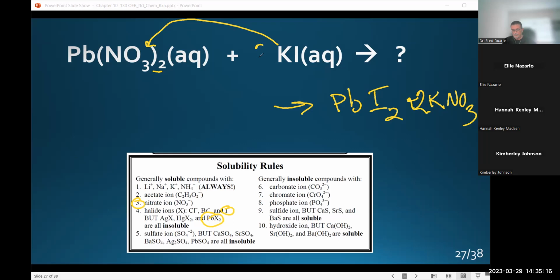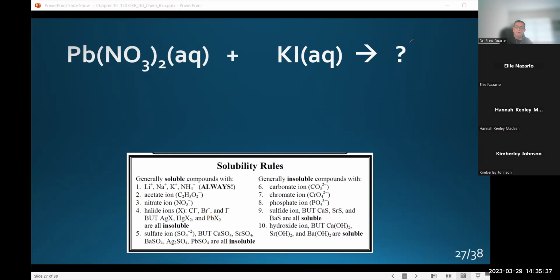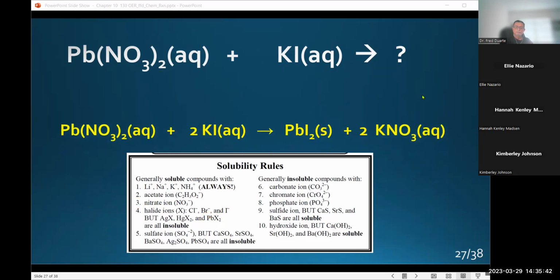So if I put a 2 there and put potassium iodide, that takes care of potassium. And by default, it takes care of my iodide in lead iodide. So we got solid and the aq over here for nitrate. There you go. Okay.